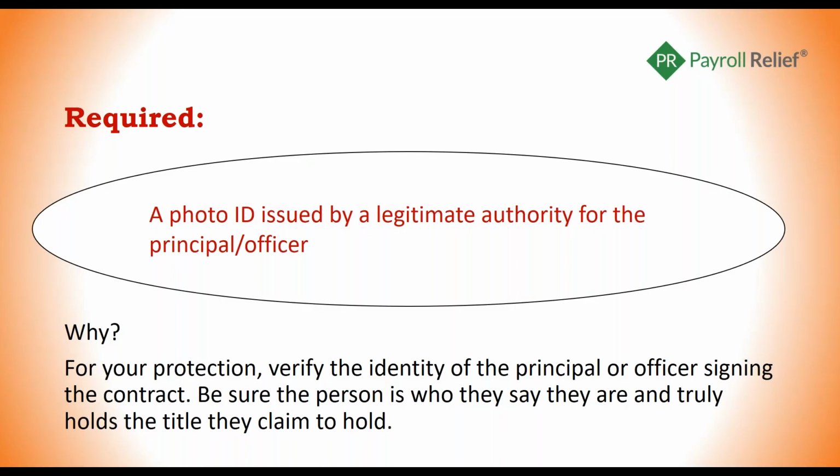Require a valid photo ID issued by a legitimate authority for the principal or officer of the employer. It is absolutely critical to be sure that the person is who they say they are and truly holds the title they claim to hold. It is ultimately your responsibility to know your customer.